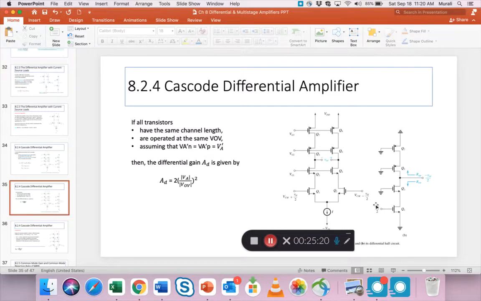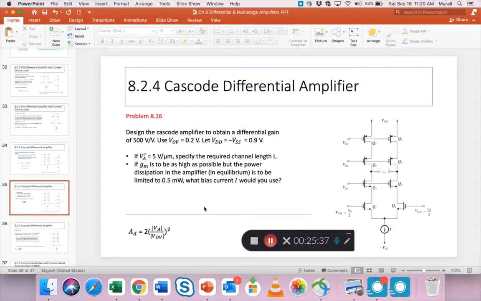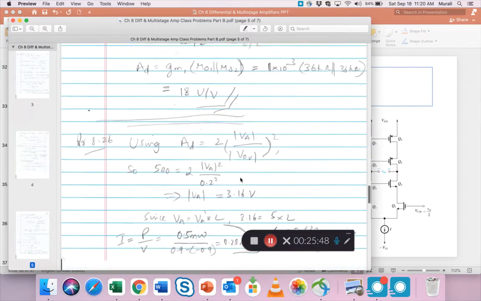Assuming in a cascode differential set, it's matched and they are all operating at the same VOV and they have the same early voltage parameter, then the gain is a simple formula given by this. And so that formula repeats here, and we're going to use that formula to solve this problem. Okay? All right, 8.26.